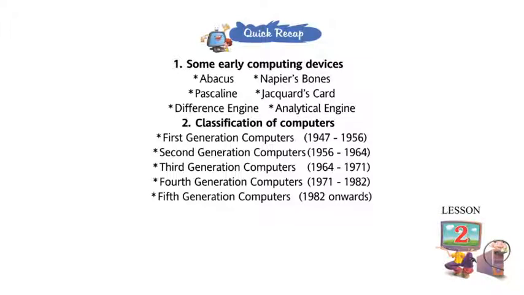Second generation computers, 1956 to 1964. Third generation computers, 1964 to 1971. Fourth generation computers, 1971 to 1982. Fifth generation computers, 1982 onwards.